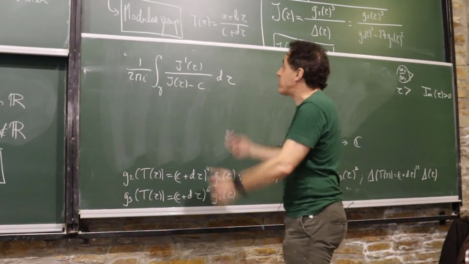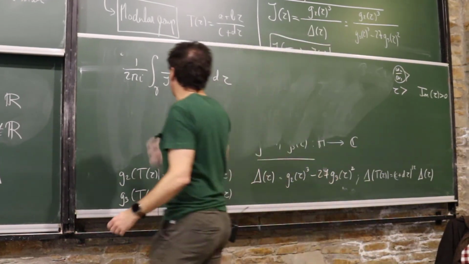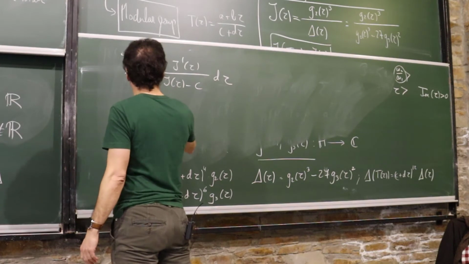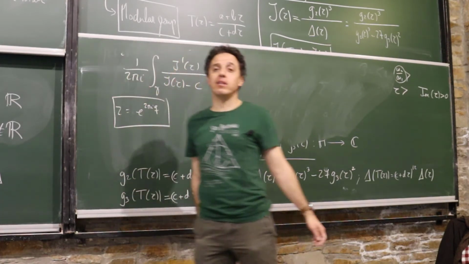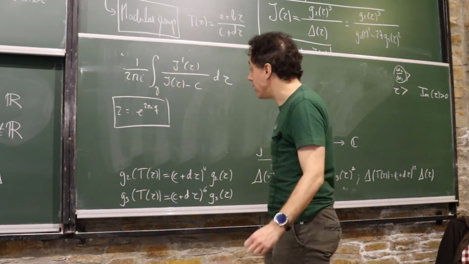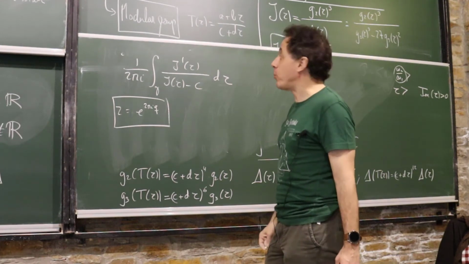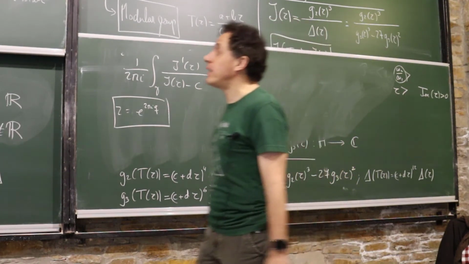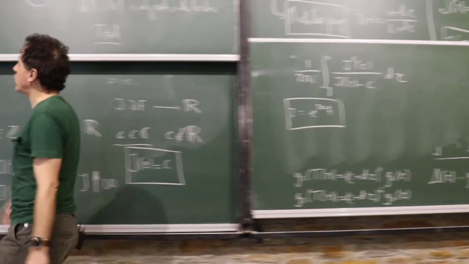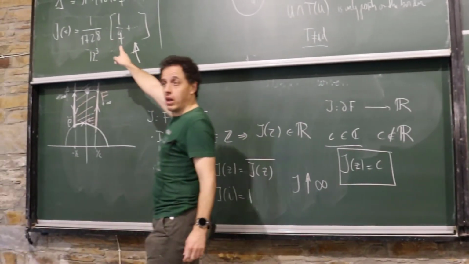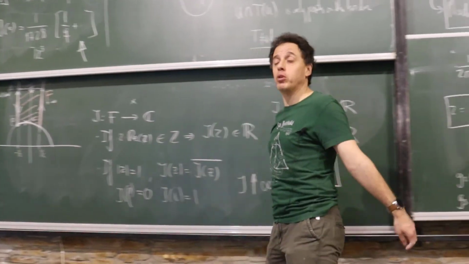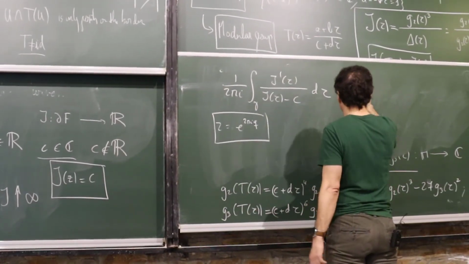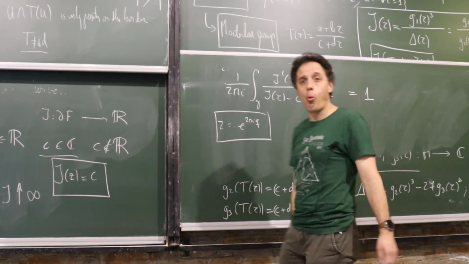Making the change of variables tau equal to something, if we make this change of variables in this integral, you could apply the residue theorem. So after making some computations using the expressions of J before, you could figure out that this integral is going to be exactly 1.